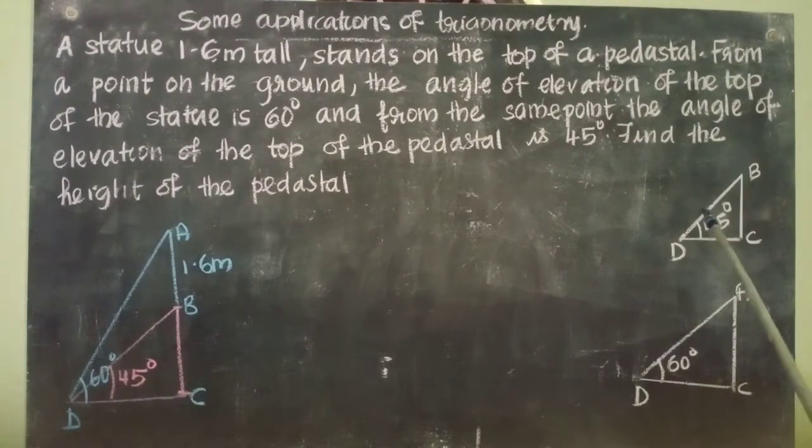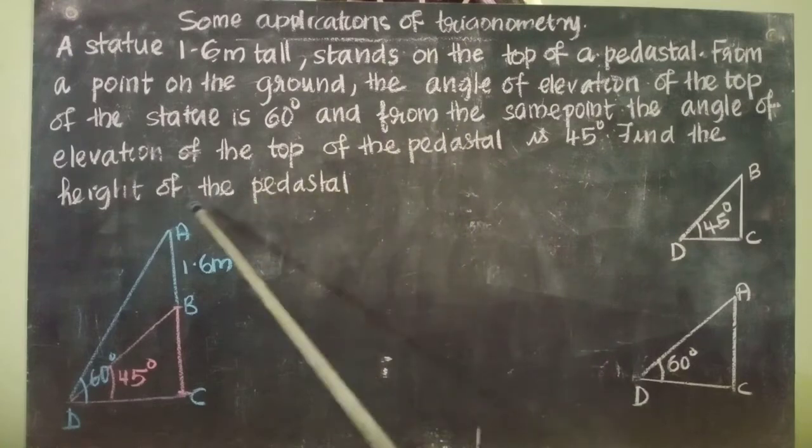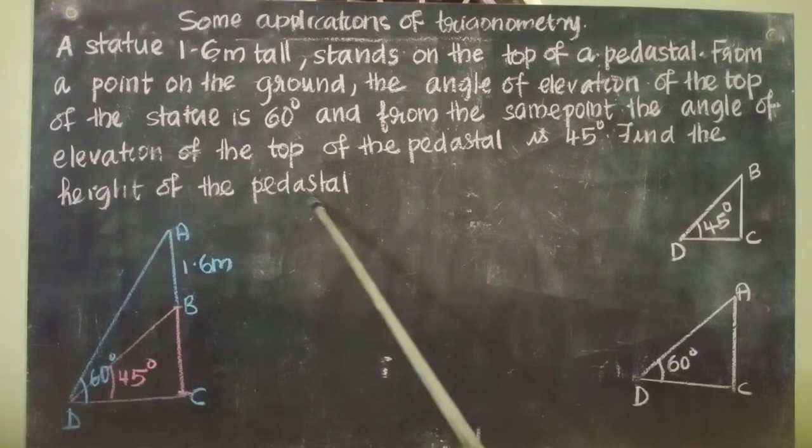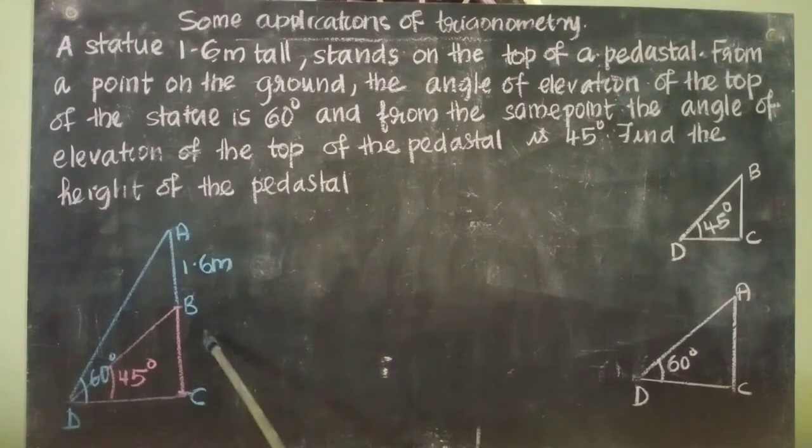The right triangles are triangle BCD with acute angle 45 degree and triangle ACD with acute angle 60 degree. The question is to find the height of the pedestal. Here the pedestal is BC. We need to find out the value of BC.